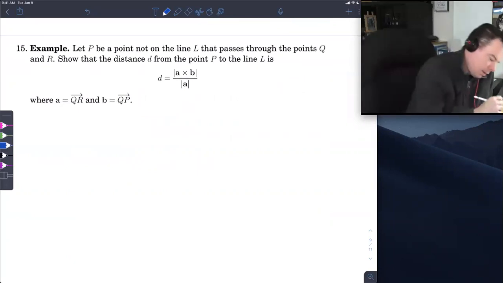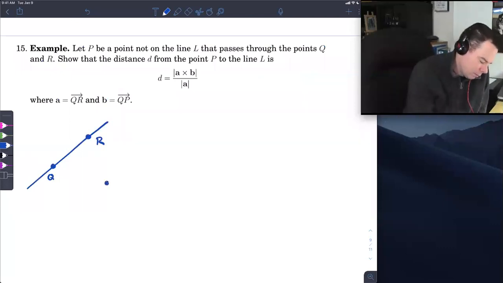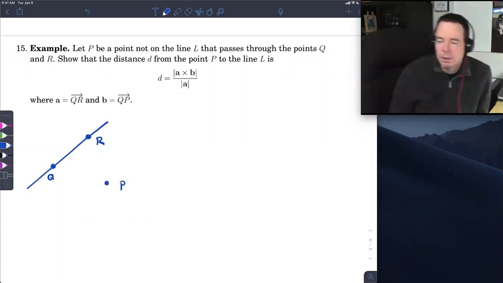So this last one says, let P be a point not on the line L that passes through Q and R. So the idea is we've got these points Q and R, and I've got a point P that doesn't lie on them. The question is, how far away is that point P from the line?